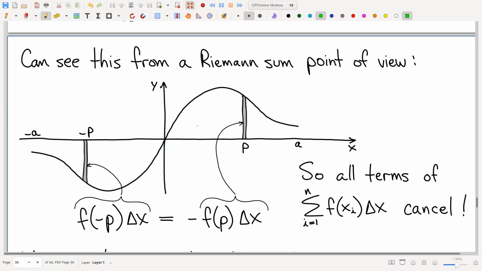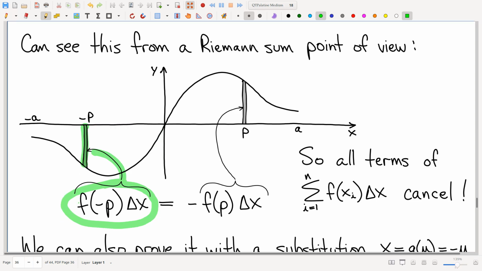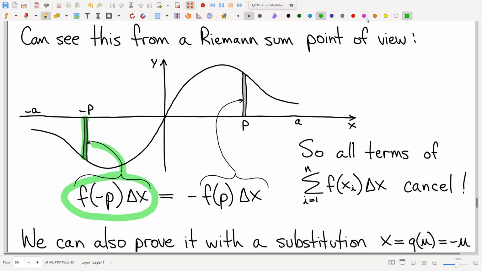Here's what I think is a slightly more honest take on this, and that is if I look at two opposite points, p and negative p, and if I look at the term in the Riemann sum corresponding to that one, well, keep in mind color choices. f of negative p is negative f of p.